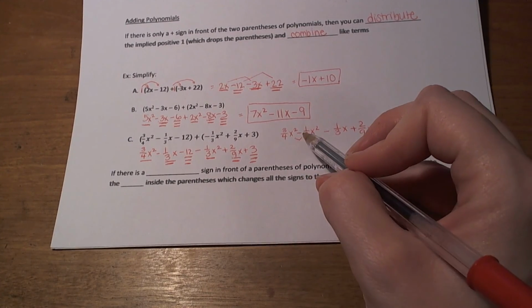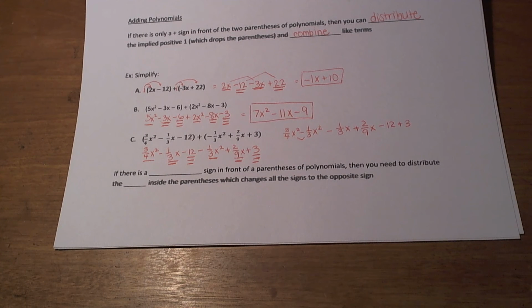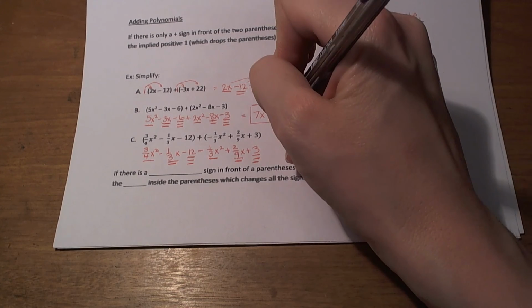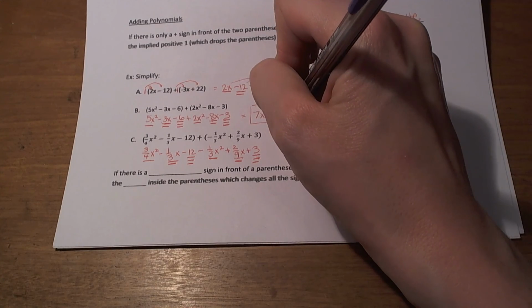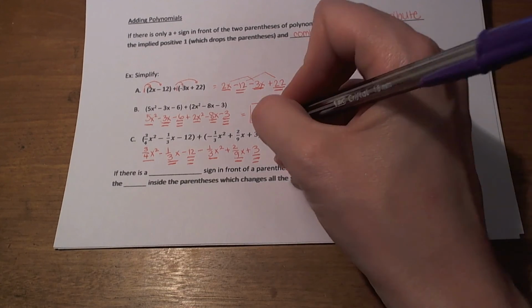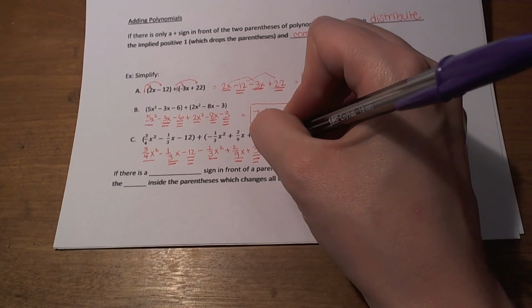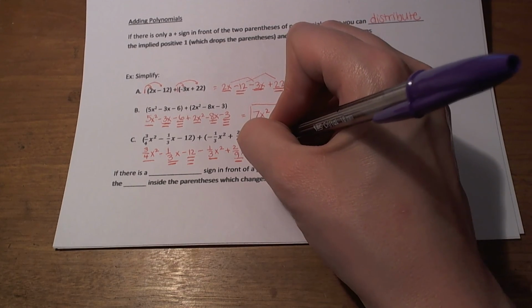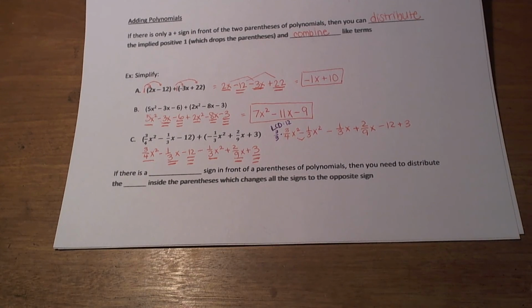And so finishing this problem, if I want to combine these x squareds, notice I'm going to be doing 3/4 minus 1/3. And so for fractions, you have to have an LCD. So for 4 and 3 in the denominator, your LCD will be 12. To get 12 in the bottom of both of those fractions, for the first one, since 4 is in the bottom, I'll need to multiply by 3/3.